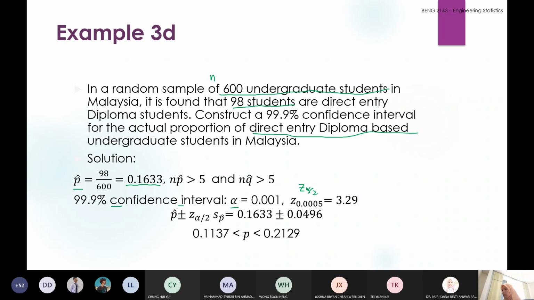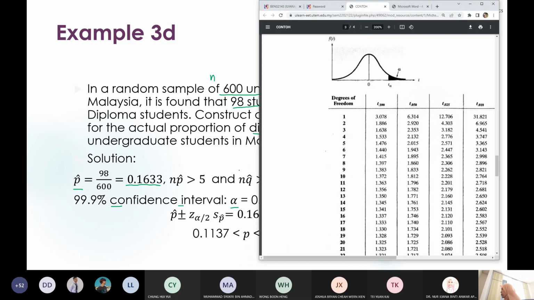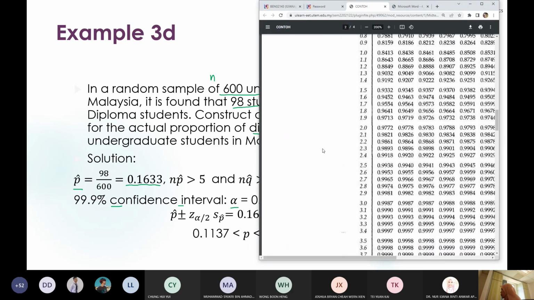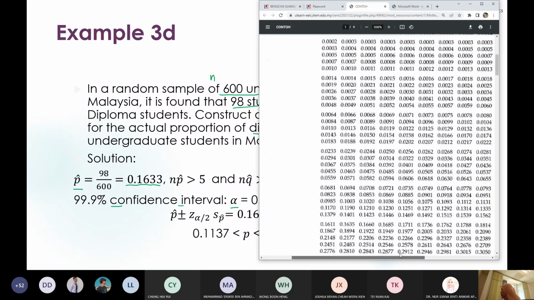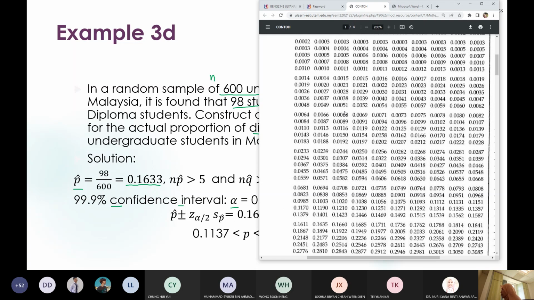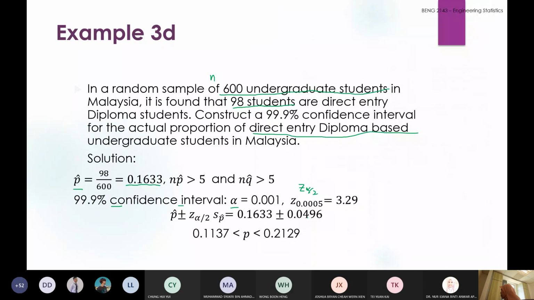Again, we can see from the table. 0.0005 means that we are looking for something inside this table, somewhere here.